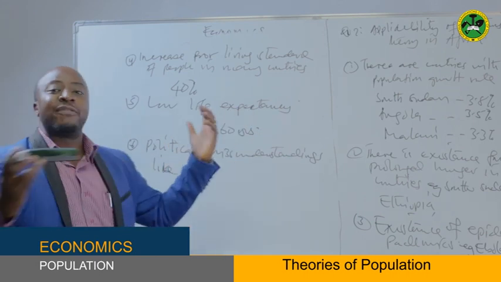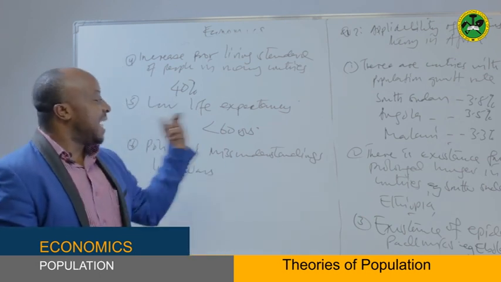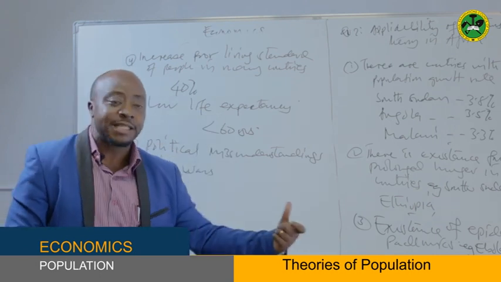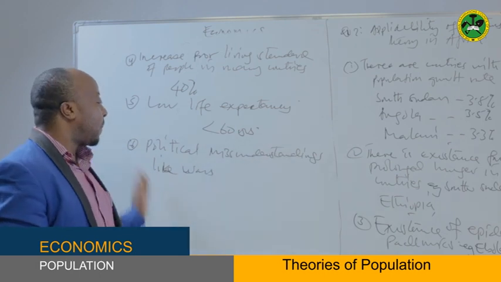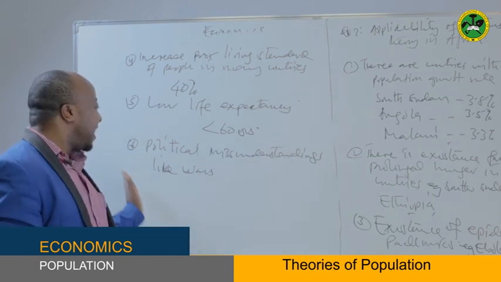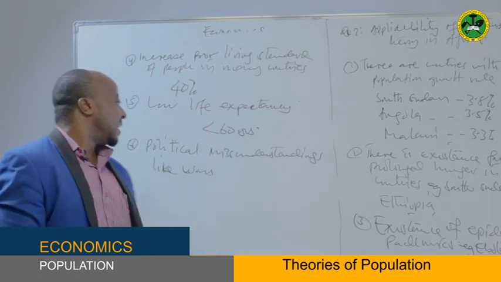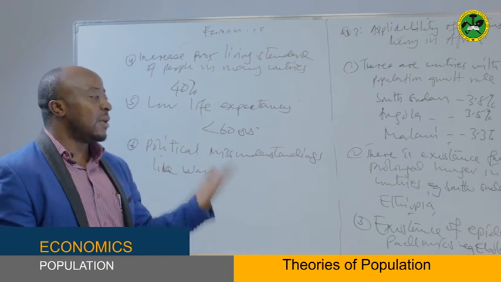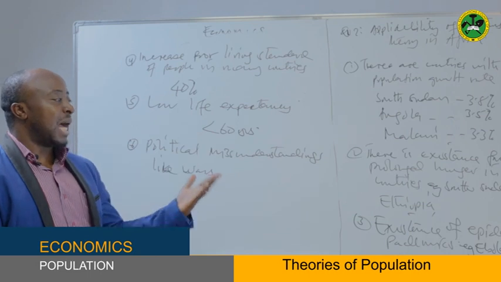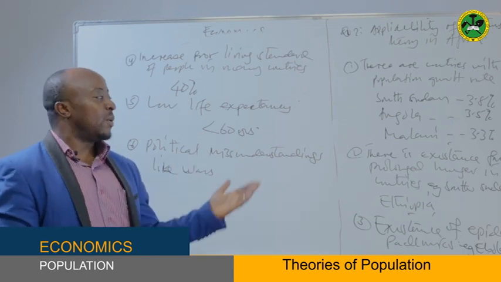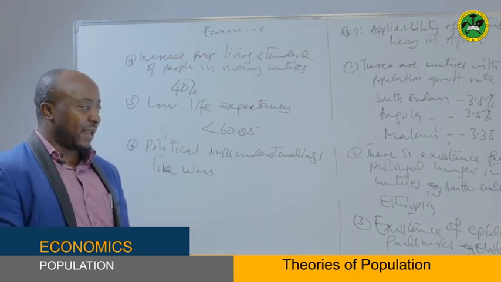If you find countries fighting, having misunderstandings and wars, it indicates they are naturally fighting, leading into deaths, reducing population in natural ways. So it is one way of controlling population by increasing death. If we find the African countries going into misunderstanding, fightings, civil wars, this is an indicator that the Malthus population theory is applying in Africa. This is for question number 2, as we have discussed it. So this is the applicability of Malthus population theory in Africa.